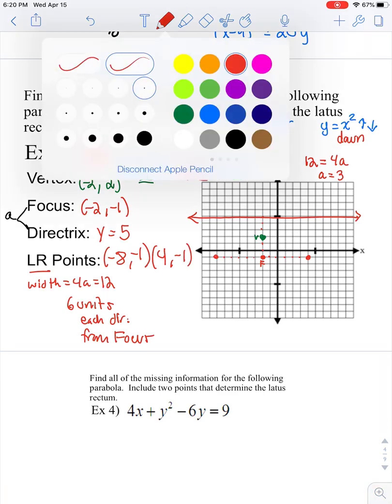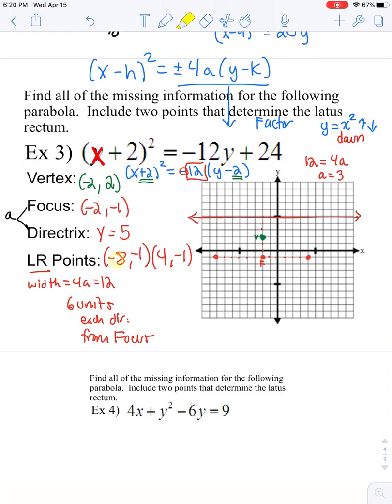And if you ever just want to check your math to make sure you didn't make any careless mistakes like I almost did, just double check that the distance between these points is 12 units. That'll help make sure that you haven't made any errors there. And lastly, draw in your parabola, opening down, and we're done.